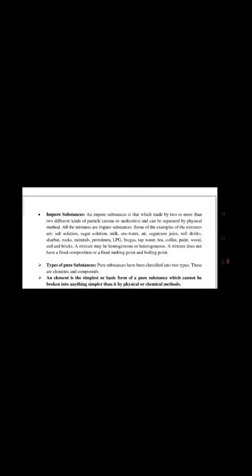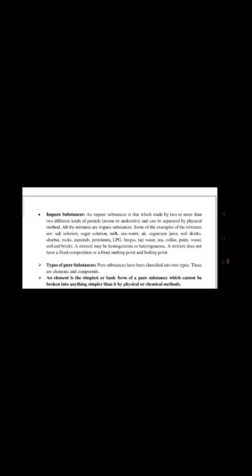Here are also mixtures: sugar cane juice, soft drinks, sherbet, rocks, minerals, petroleum, LPG, liquefied petroleum gas, biogas, tap water, tea, coffee, paint, wood, soil and bricks. They all are called impure substances.